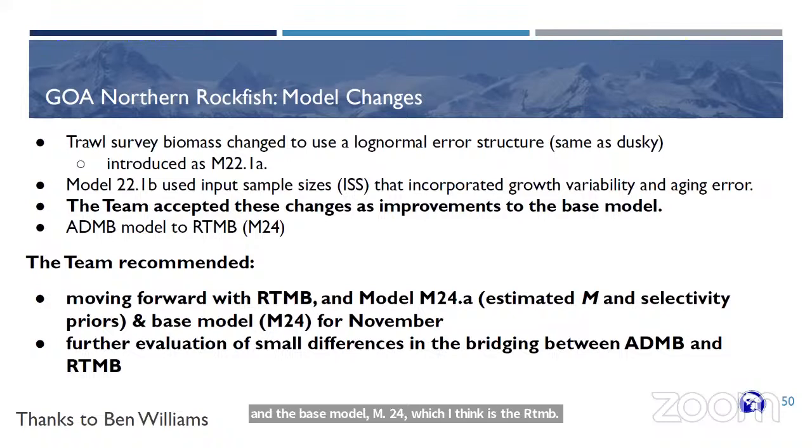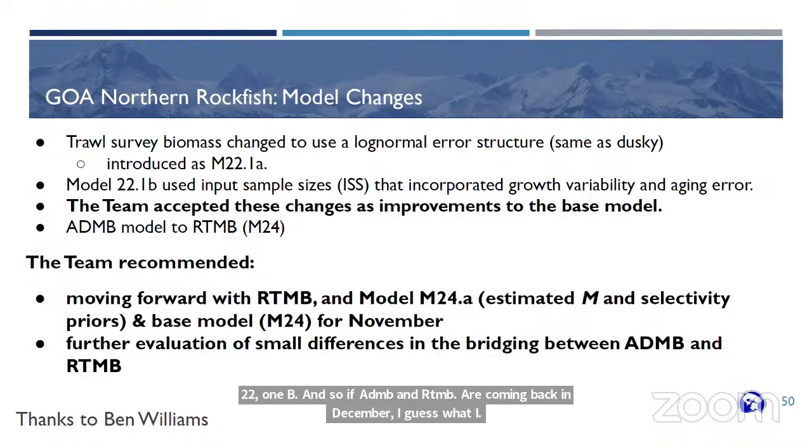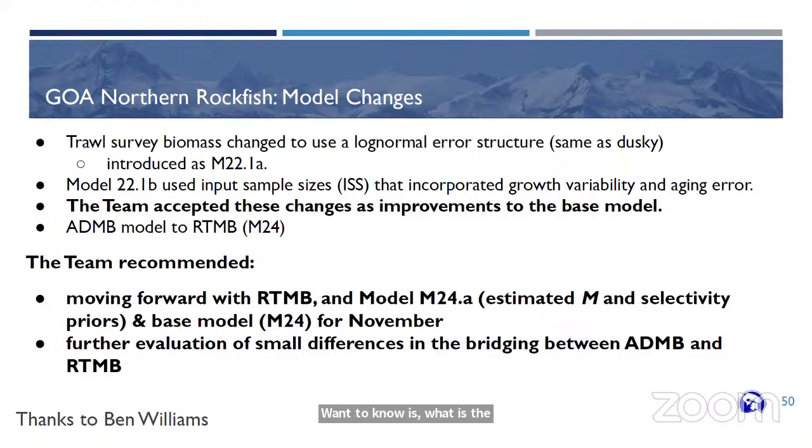And I don't see anything because the ADMB models, as far as I understand, are M22-1A and M22-1B. And so if ADMB and RTMB are coming back in December, I guess what I want to know is what is the ADMB model that's coming forward? I know that Jim said that it doesn't matter, and I didn't quite understand why.